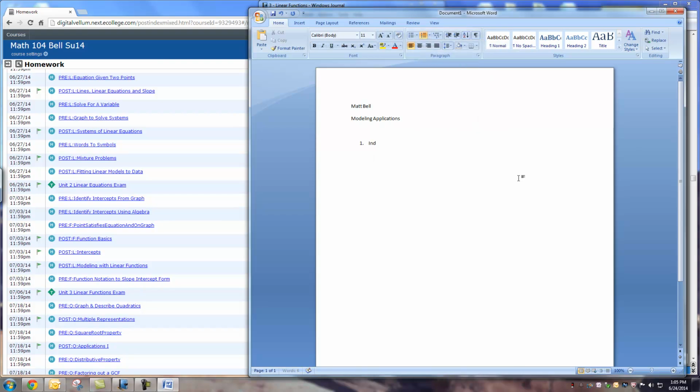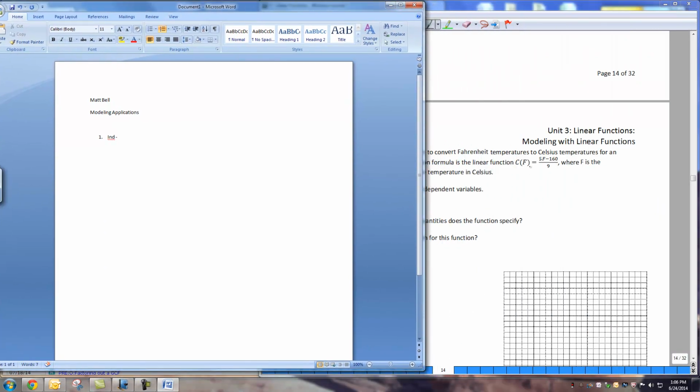The independent, which is fine just to call it that, in this case, is degrees in Fahrenheit, and your dependent is degrees in Celsius. So there's my independent and dependent variable.